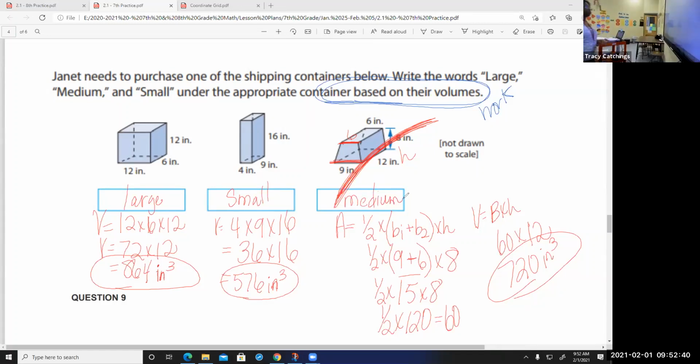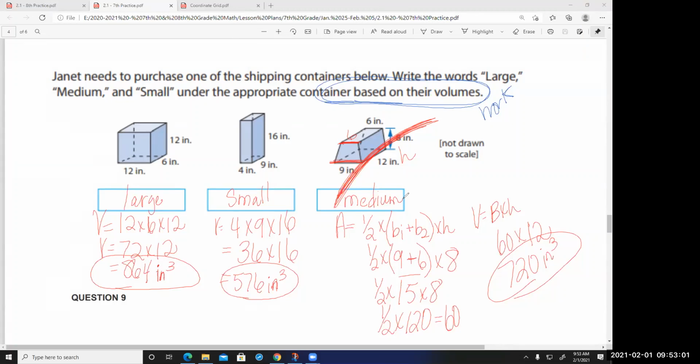Good job. Any questions about it? Notice I could not put them in correct order without first figuring out the values of each. So make sure we are at least attempting to do something to make sure that answer is going to be correct.